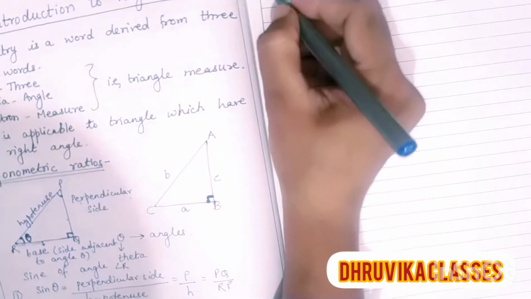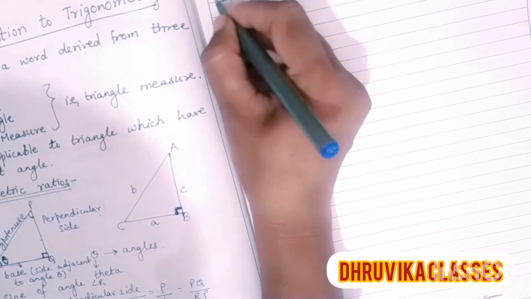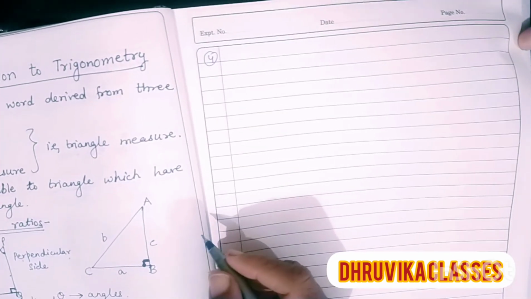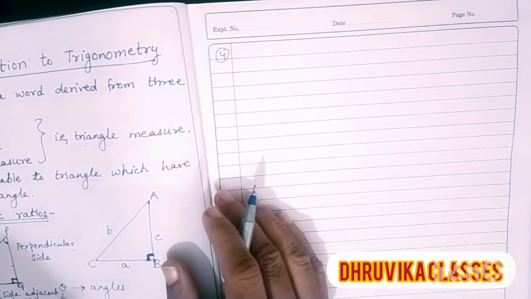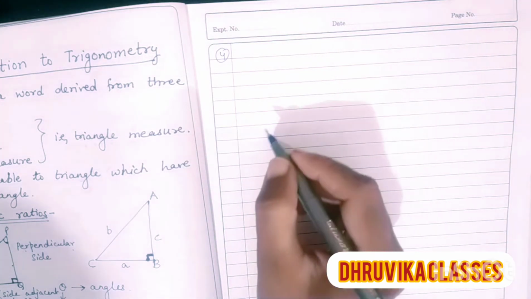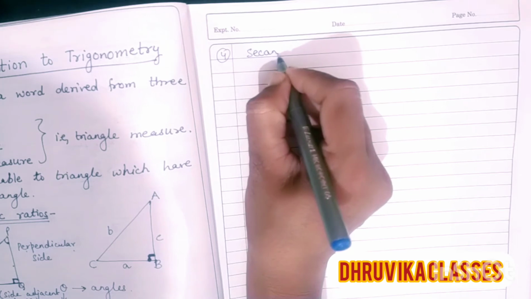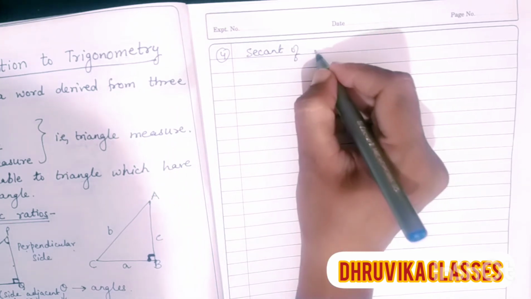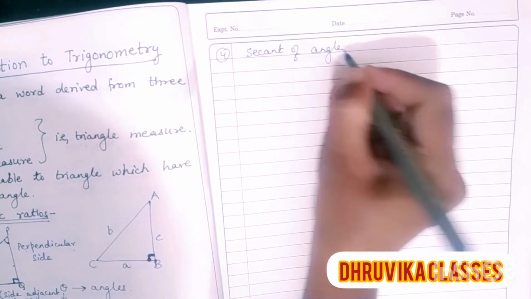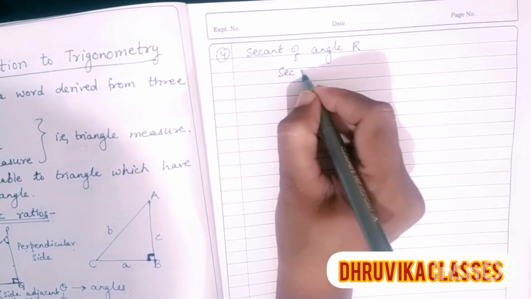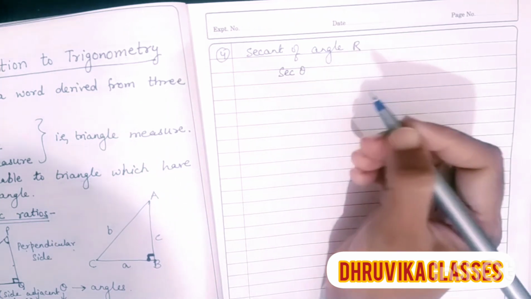Then the fourth one is secant of angle R, that is sec theta.